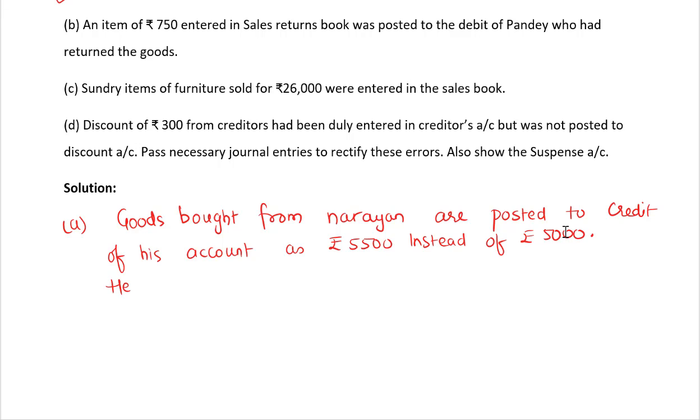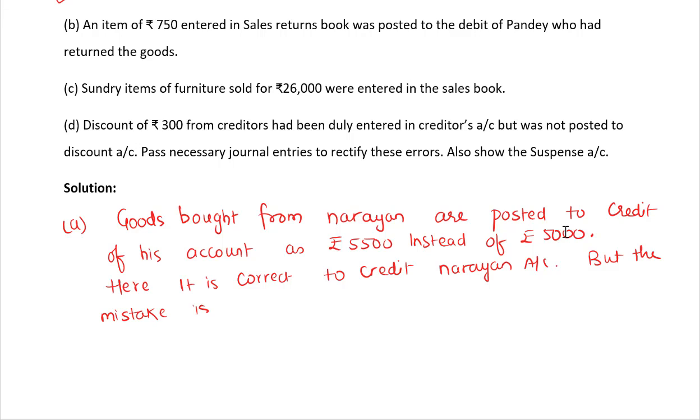So you had understood the error of 500 over here. Here it is correct to credit Narayan account, but the mistake is extra credit of 500.